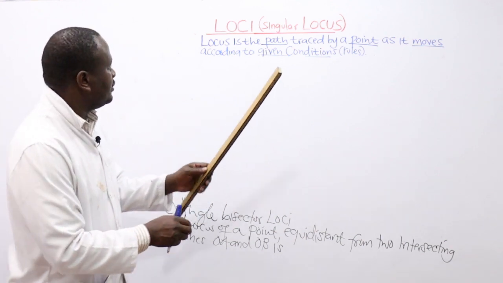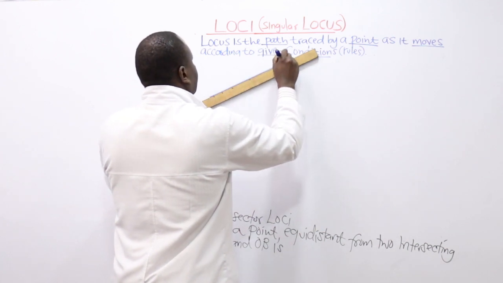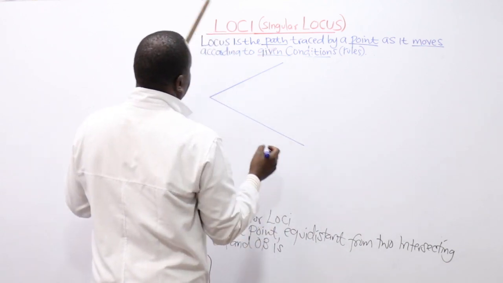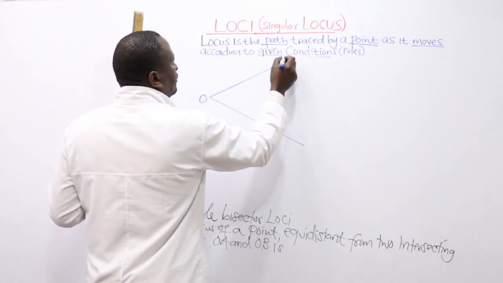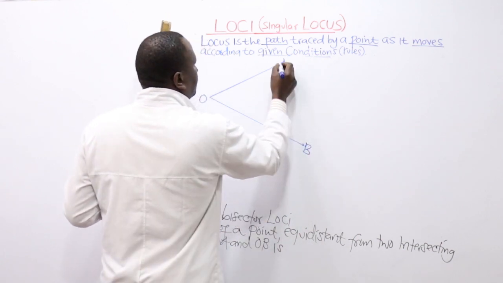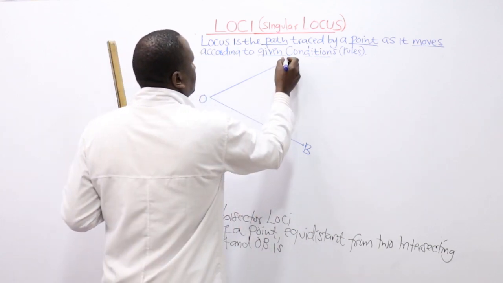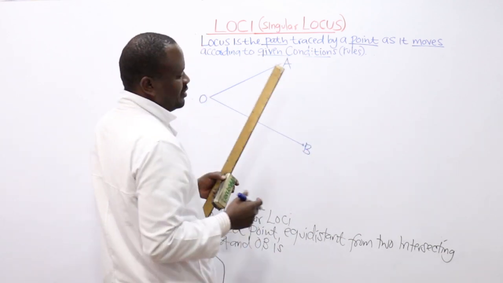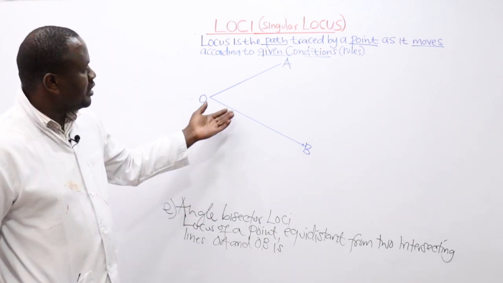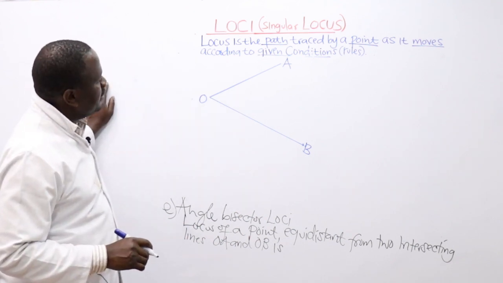So we could have two lines that are intersecting, OA, OB. They are not necessarily equal. They could be equal in length, but there are two lines that are intersecting.